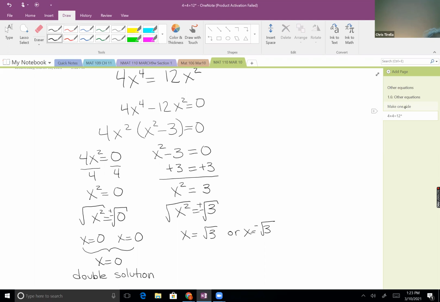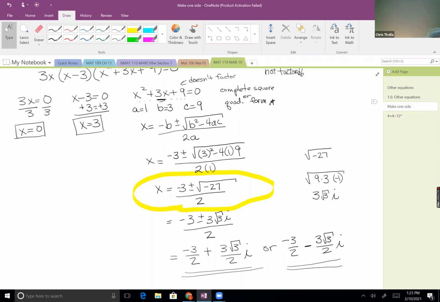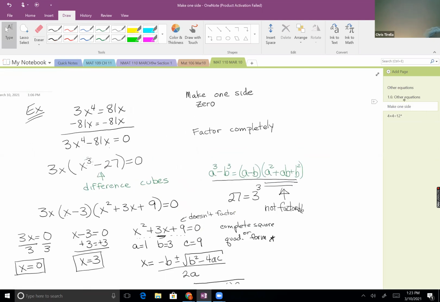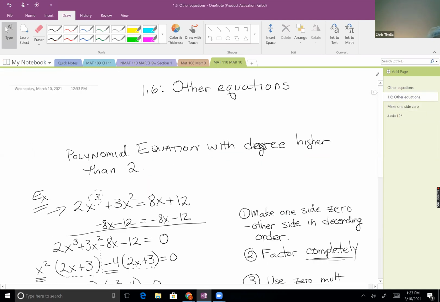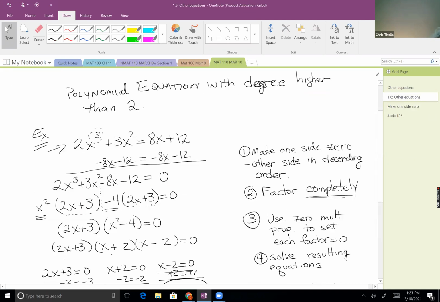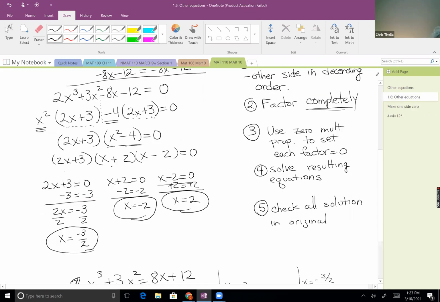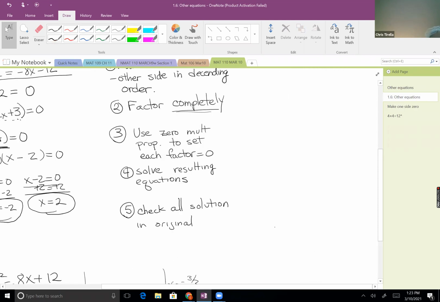I'm going to backtrack. In the first example that we did, we got that x squared minus 4 equals 0. And if I go way over to my scrap paper, where we had that x squared minus 4 equals 0, we factored it further.